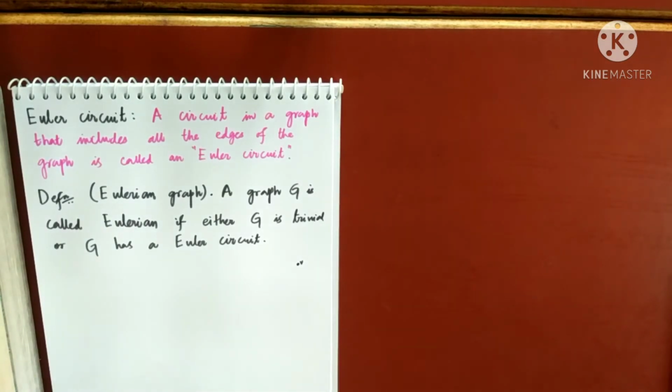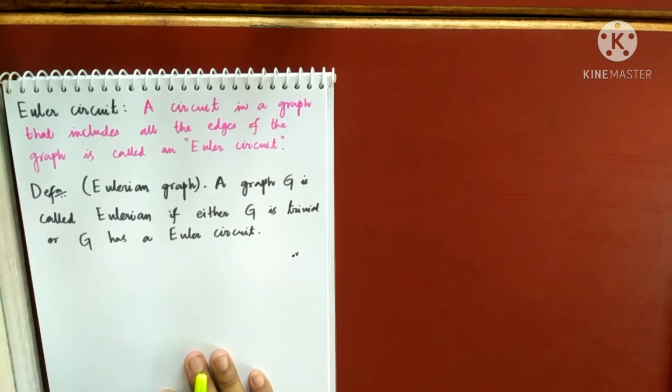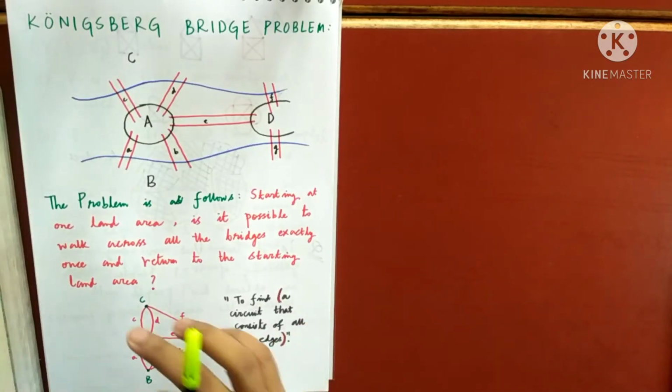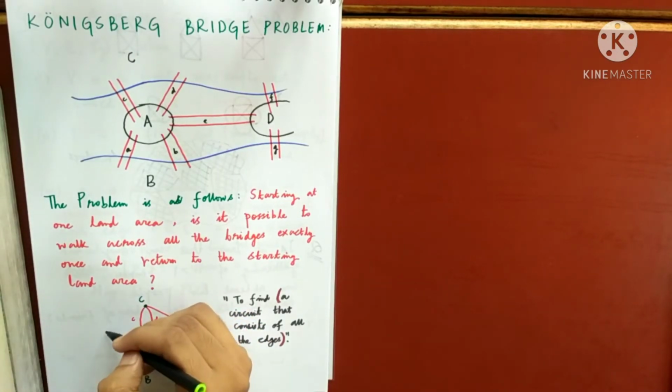So now the Königsberg bridge problem has been reduced to determining whether the Königsberg bridge graph is Eulerian or not. What I mean by this is that the problem we had posed has been reduced to this.